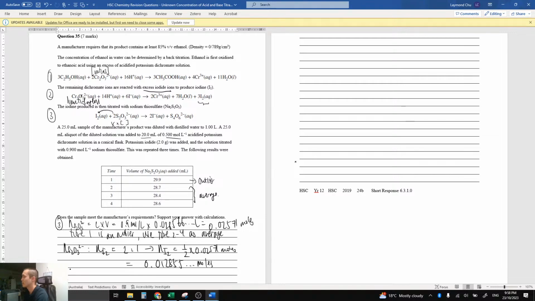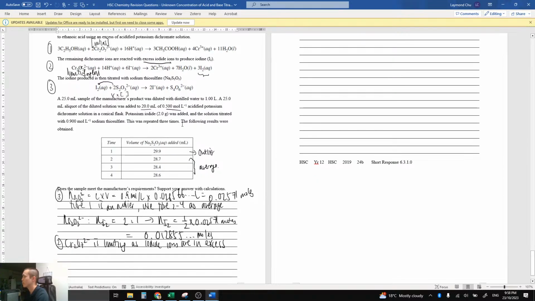Okay, so we can say that Cr2O7 2- is limiting. Let's say that's equation 2, as iodide ions are in excess.